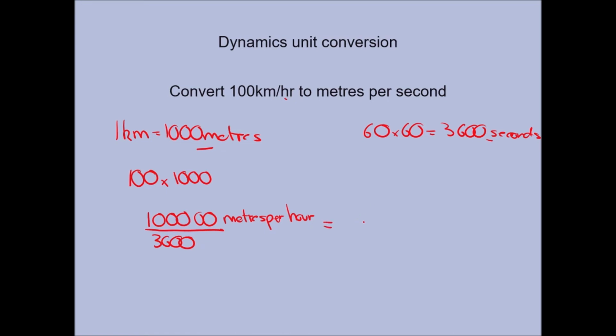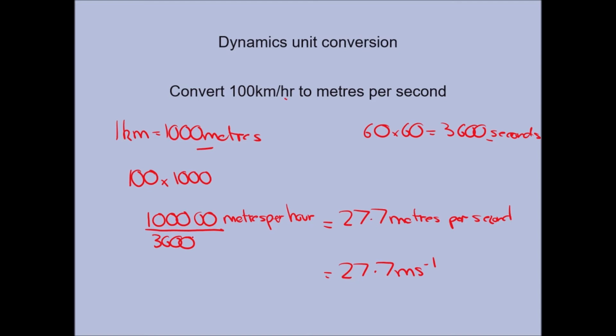So that's going to equal 27.7 meters per second. And that can be rewritten as 27.7 m s to the minus 1. So meters per second, hence these units.